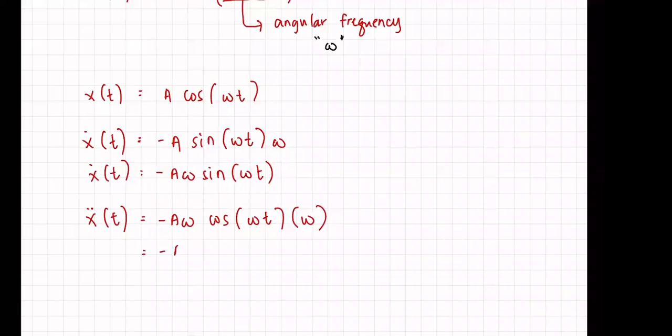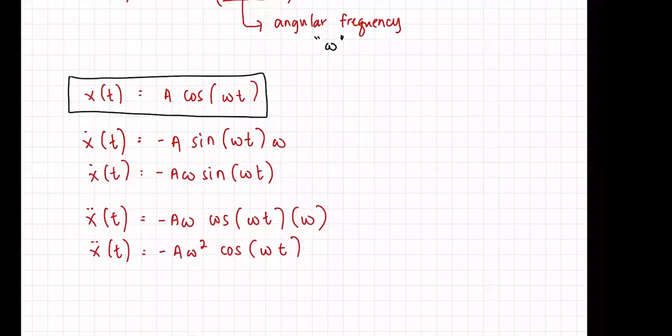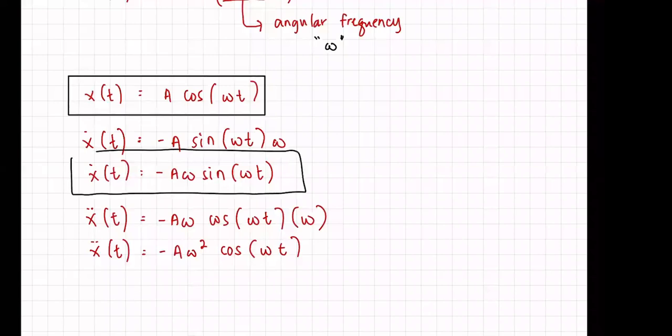This will be negative A omega squared cosine of omega t. Okay? So, this will be your displacement, your velocity, and your acceleration equation.